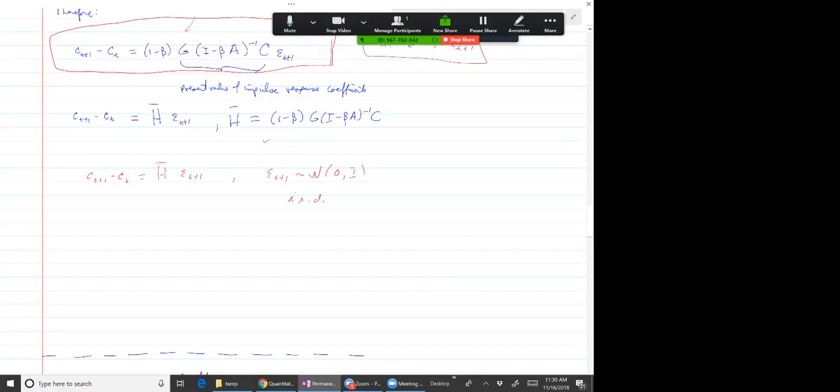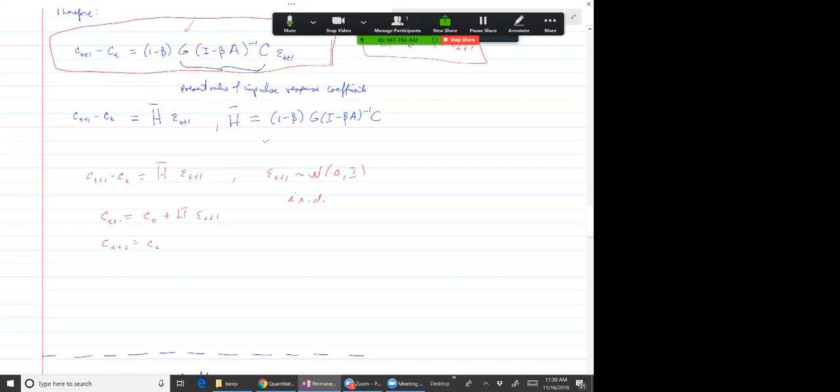So we could iterate this equation. Now we know something about this equation. So C_{t+1} is equal to C_t plus h bar epsilon_{t+1}. C_{t+2}, what's that equal to?